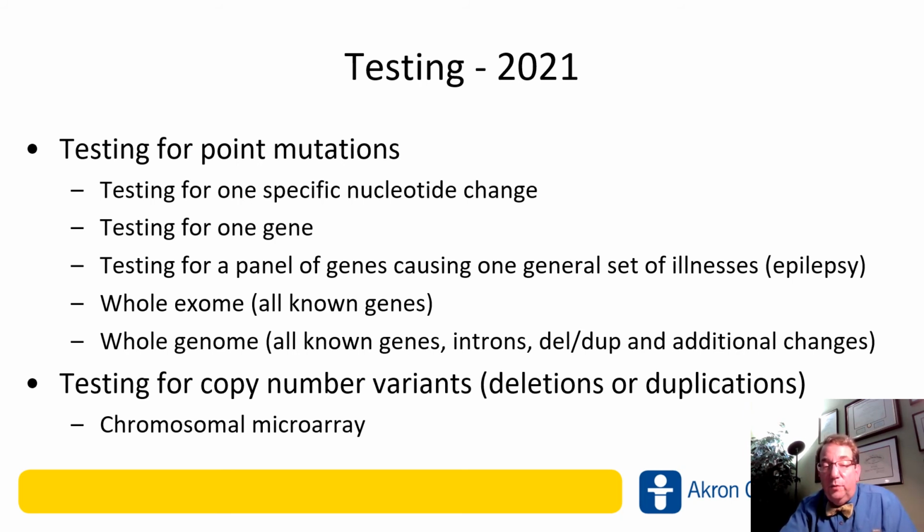As we moved into panels, all you needed was that the patient's got epilepsy, the patient's got ataxia, the patient's got pulmonary dysfunction. You can start ordering panels of genes, and now with the whole exome and even whole genome, you almost don't even need a hypothesis to what's going on with the patient.